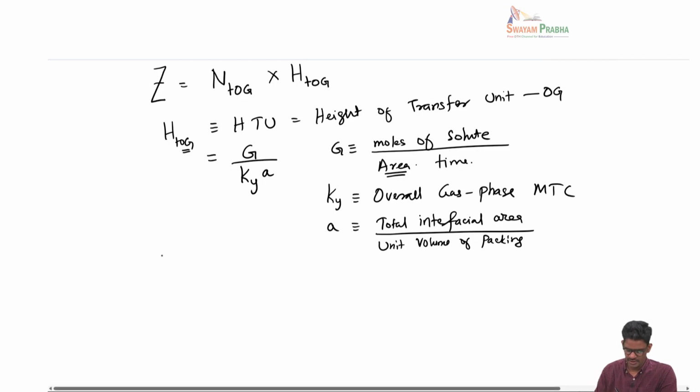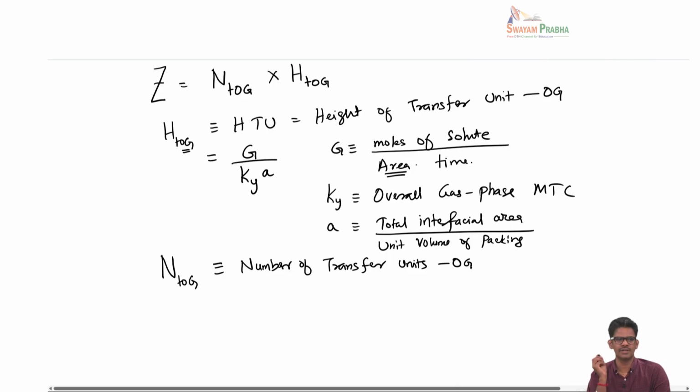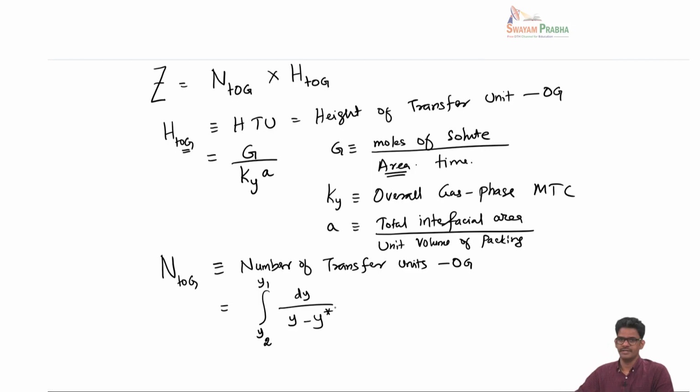Now the second component is NTOG. This is the number of transfer units with respect to, again, overall gas phase mass transfer, and this is defined as integral from y2 to y1 dy by y minus y star.